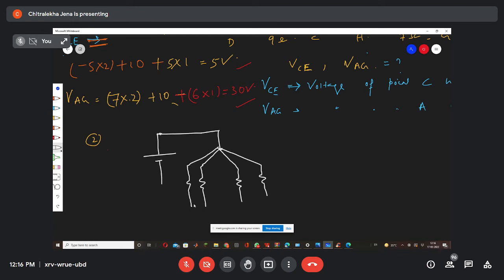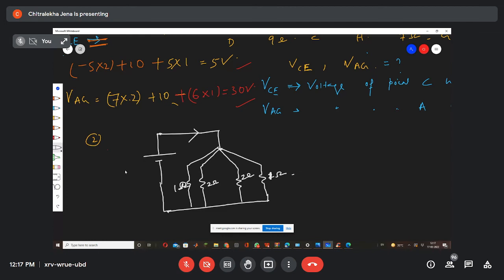Second question for KCL, you will find out. I have given 2 ohm. All resistances are equal, no, I will give two unequal ones, if they are equal it will become very easy. This one you take as 1 ohm, this one 1 ohm, and this one 2 ohm. Solve it. What is the current flowing?